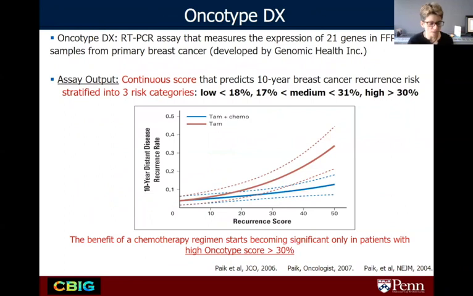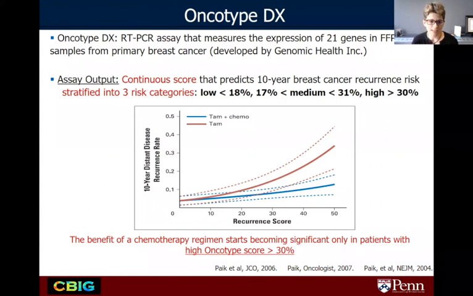In addition to these more conventional factors, increasingly in breast cancer and other cancers, molecular characterization of tumors is being utilized clinically. For example, for breast cancer, Oncotype DX is a very well-established assay, originally developed in the context of node-negative early-stage breast cancer, now also available for node-positive breast cancer and DCIS.